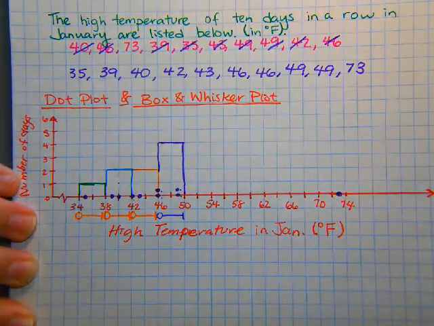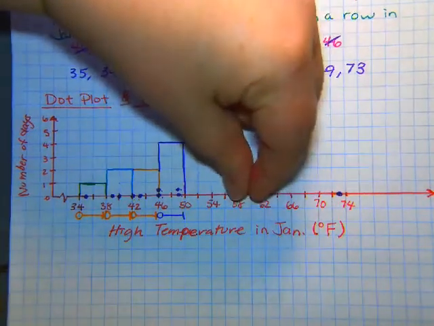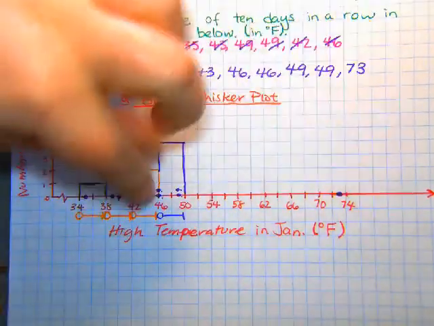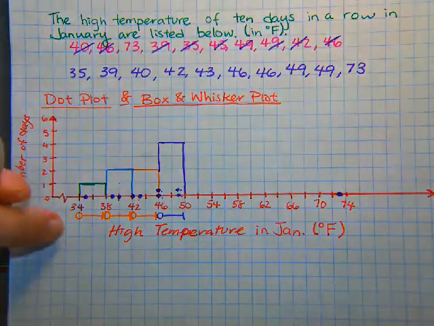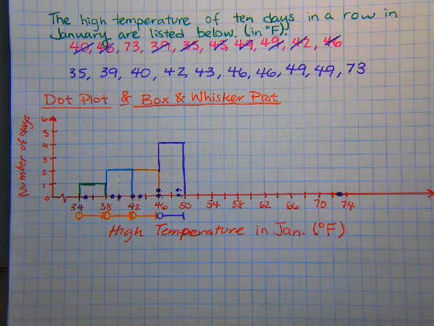There we go. And now I even have to continue my intervals even though there's nothing there until I get to the correct interval, because what I don't want to do is each bar, whether the bar is 0 or not, needs to be the same width.